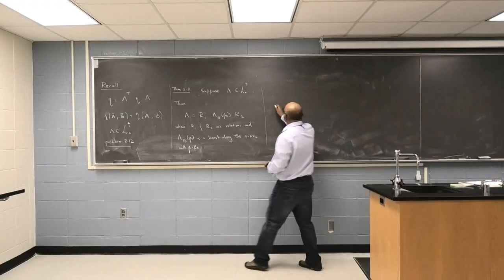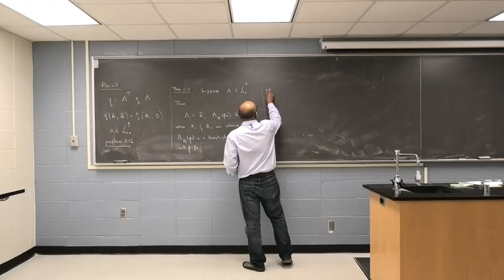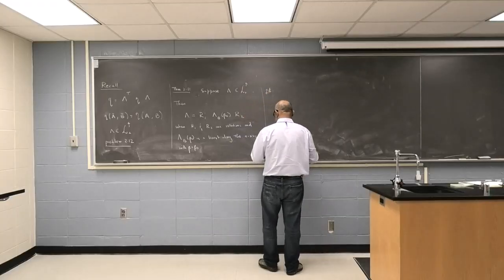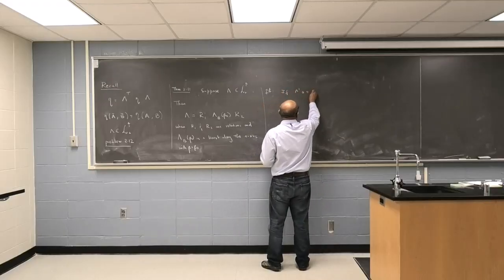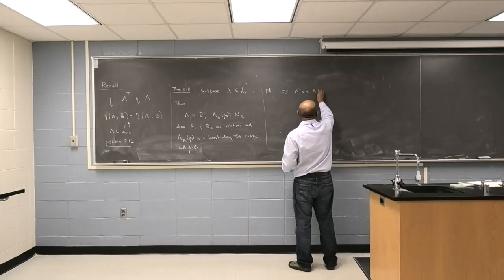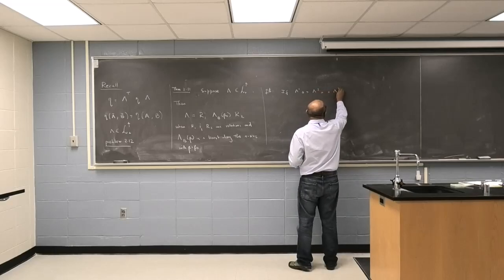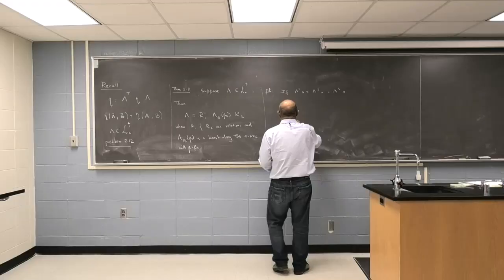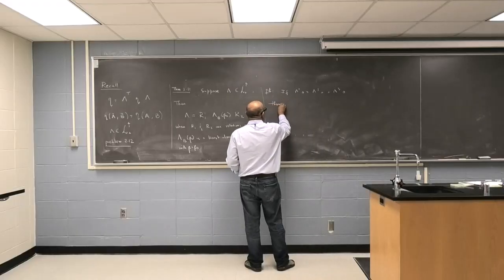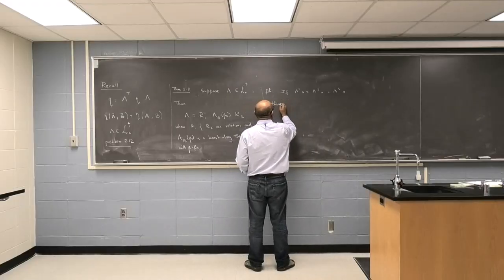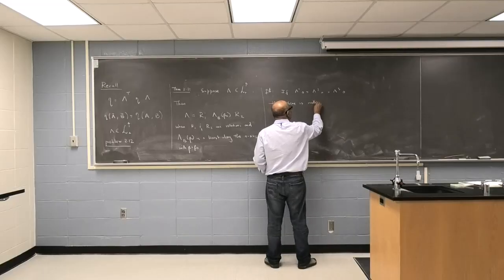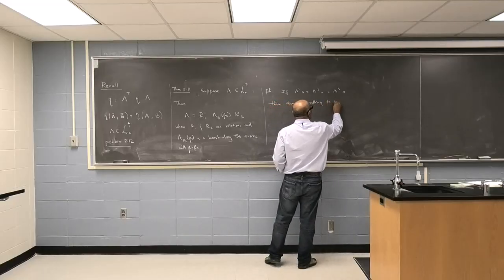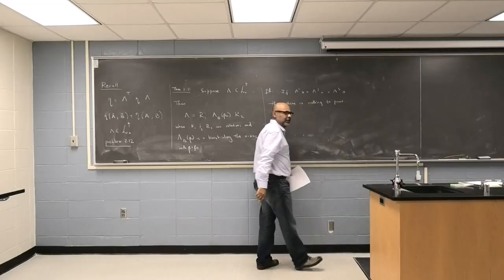So, proof. If lambda 1,0 equals lambda 2,0 equals lambda 3,0, then there's nothing to prove. Why is that? They must line up.